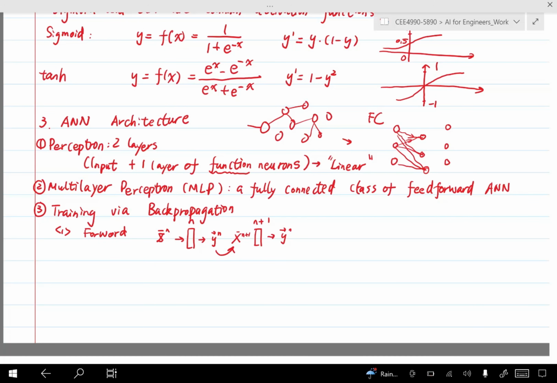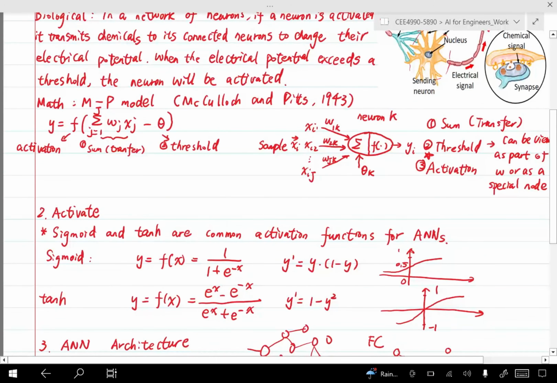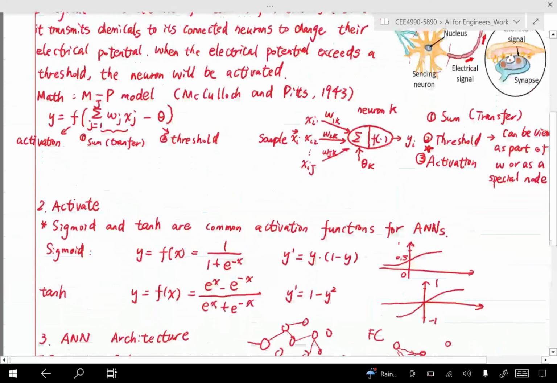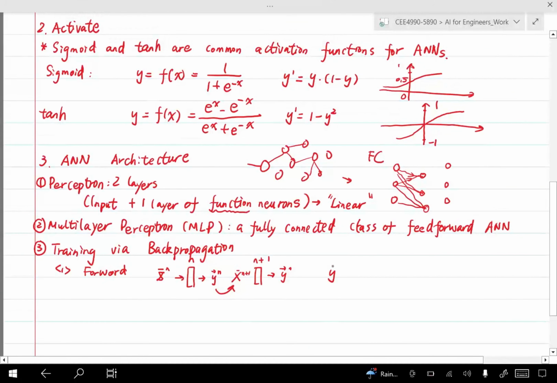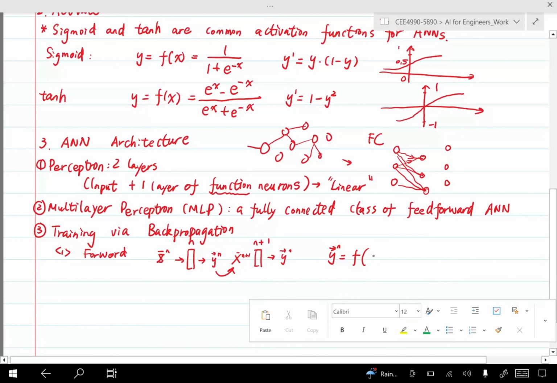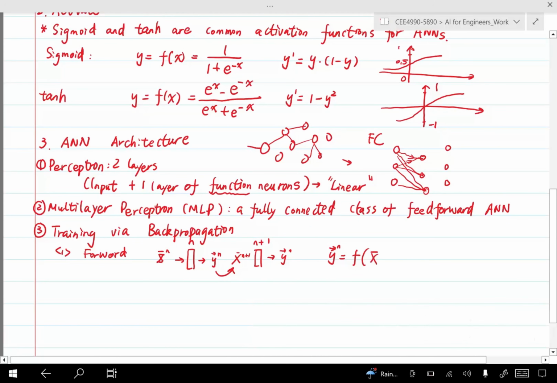And to do it, we just need to go back to the equation of the neural network, that's the MP model, because we know how to do the operations for one neuron. That's here. And we extend it a little bit and write it in tensor form. It's like this. The output of one layer, layer n, equals an activation function. Inside the function, we have x, the input, with a bar above it. Let's say it can usually be a second order tensor.